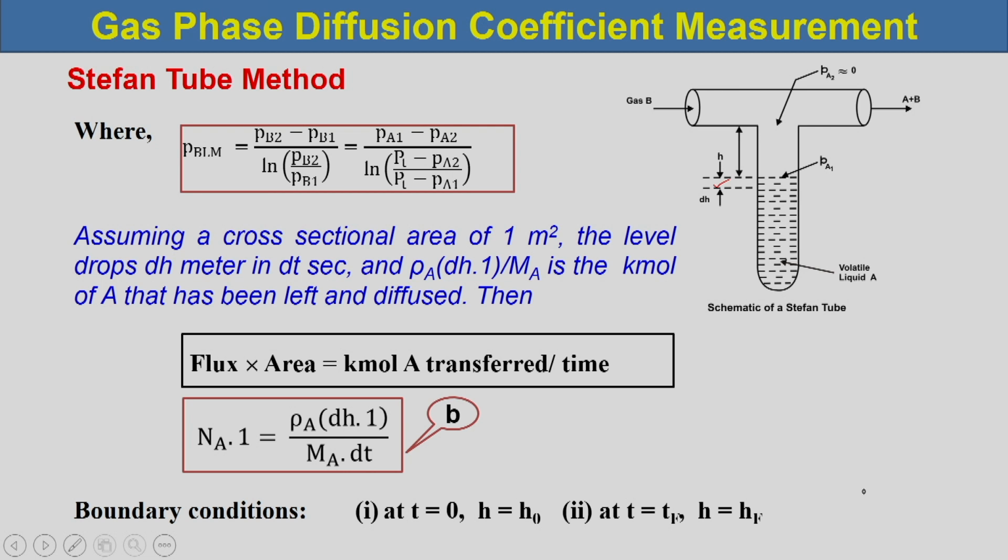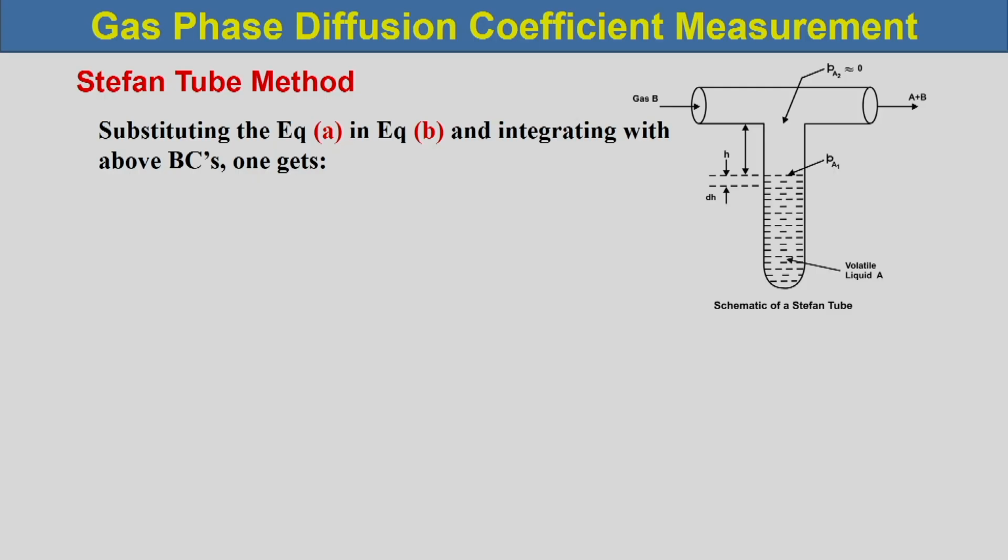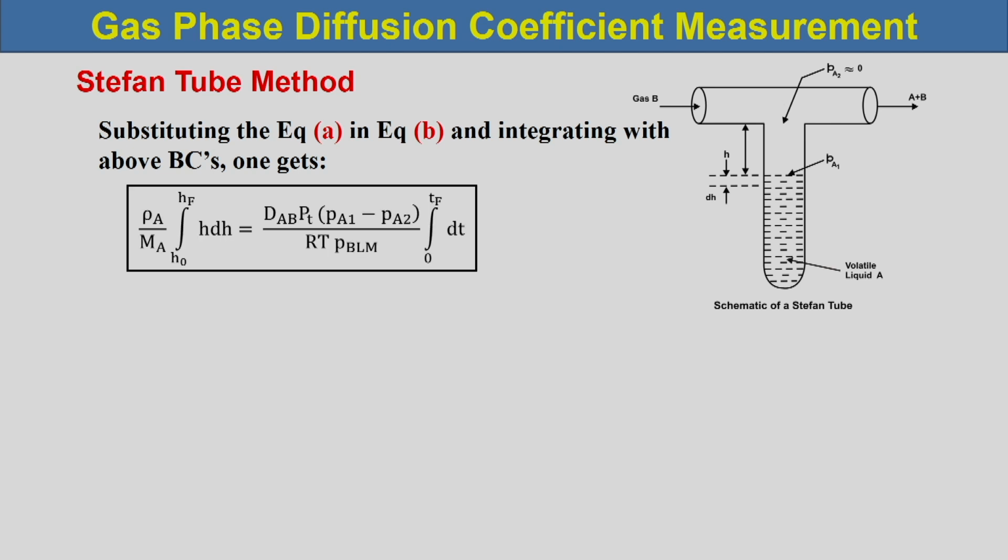So, using this boundary condition and substituting equation A in equation B and integrating, we can get rho A by Ma, integral H naught to Hf of H dH, is equal to DAB PT into PA1 minus PA2 divided by RT PBLM, into integral 0 to Tf dt.